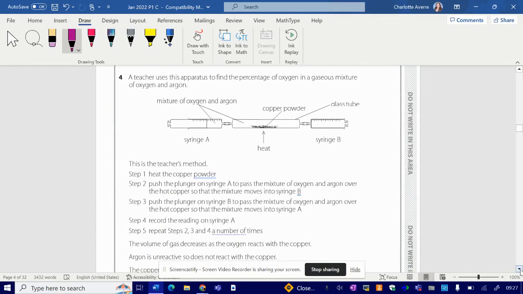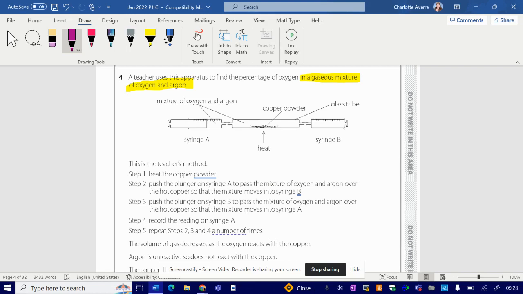Okay, so here we've got apparatus to find the percentage of oxygen in a gaseous mixture of oxygen and argon. Now immediately that tells us something really important, because usually we would expect the percentage of oxygen in air to come out at about 20%.